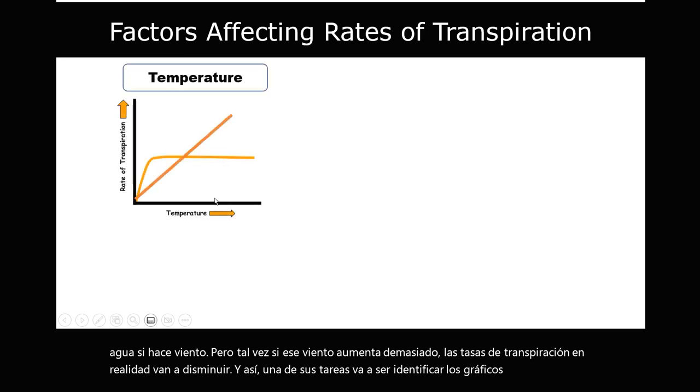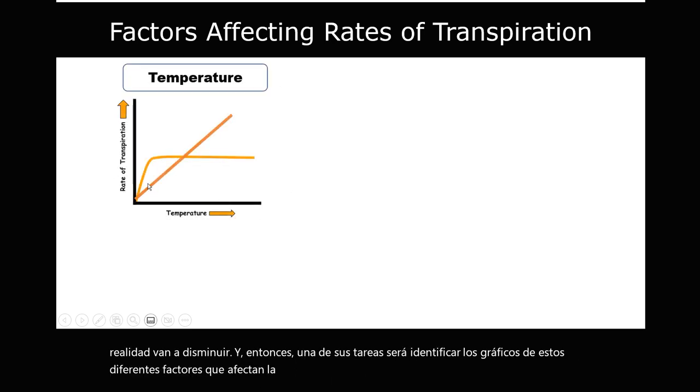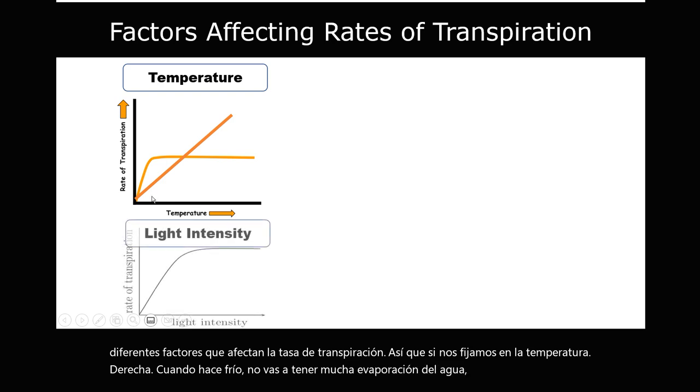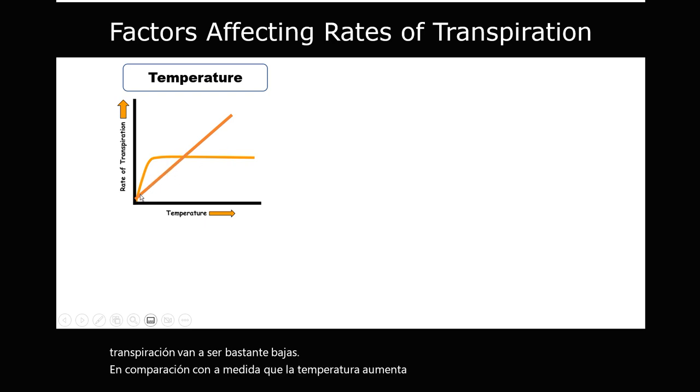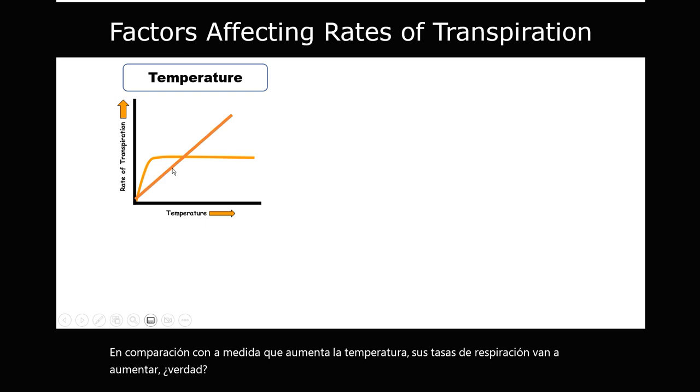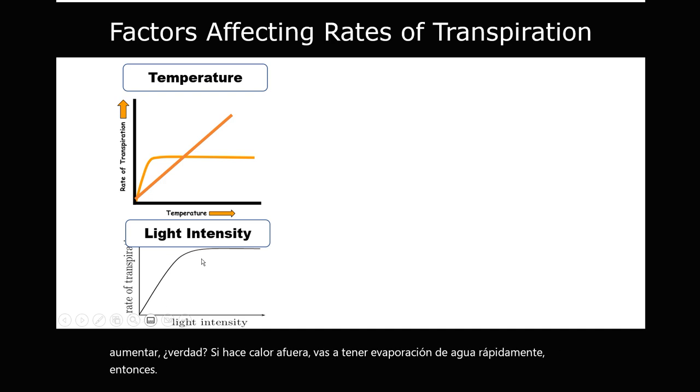If we look at temperature, when it's cold, you're not going to have a lot of evaporation of the water, so your transpiration rates are going to be pretty low. Compared to that, as the temperature increases, your rates of transpiration are going to increase. If it's hot outside, you're going to have evaporation of water quickly. Light intensity is similar.